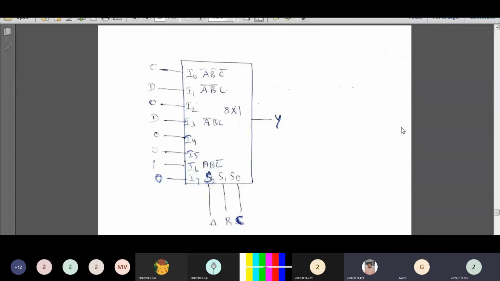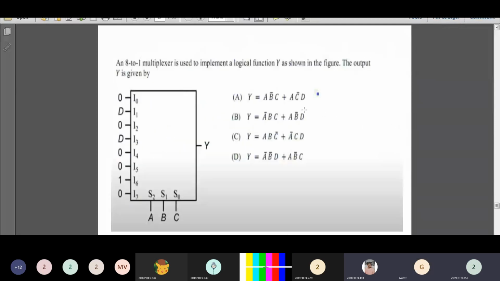Now let's move on to the next one. An 8 to 1 multiplexer is used to implement a logical function Y as shown in the figure. The output Y is given by... this is an 8 cross 1 multiplexer. As you know, we will have three selection inputs S0, S1 and S2, and I0 to I7 are input lines.